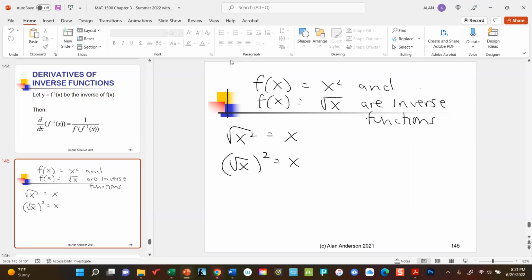And the notation that we normally use for inverse functions is that f inverse is written as f minus 1 of x. Well, it turns out that there's a rule here that we can use to solve directly for the derivative of an inverse.